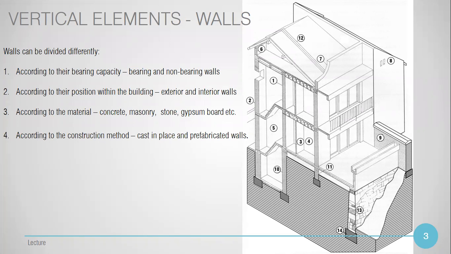Next, according to the material in residential buildings. Material is one of the important things applied on the initial day of design, because according to it all structural elements should be corrected.